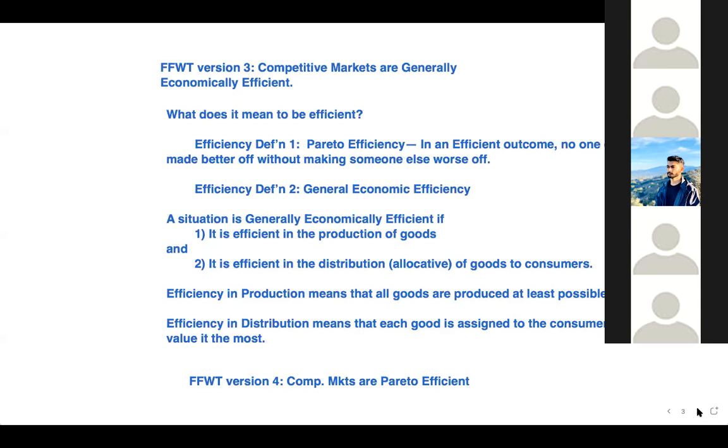So okay, let's talk about PlayStation 5s, right? Now I'm not going to say whether or not the market for PlayStations is competitive, because all the first fundamental welfare theorem tells us is that competitive markets are generally economically efficient. But let's just imagine that we are talking about PlayStation 5s, and we're imagining an efficient distribution of PlayStation 5s.